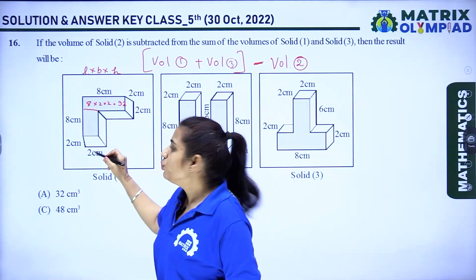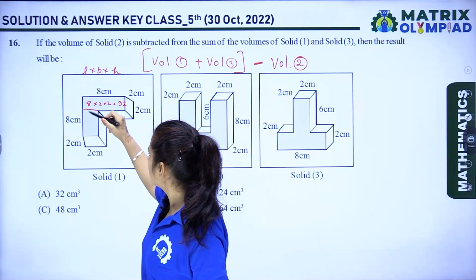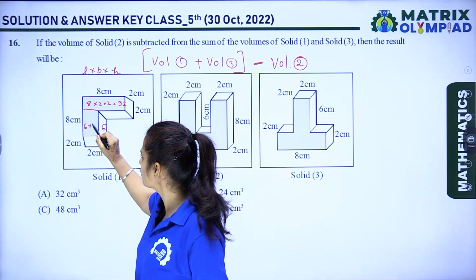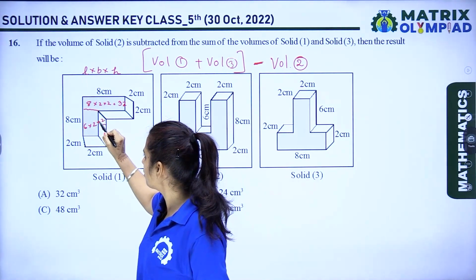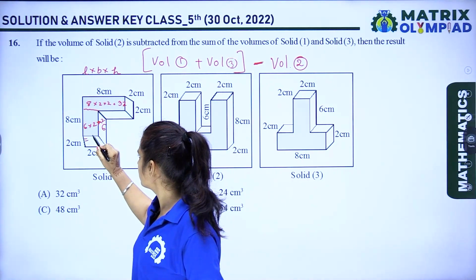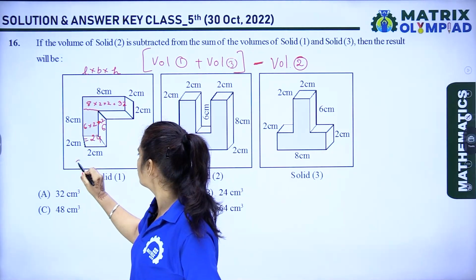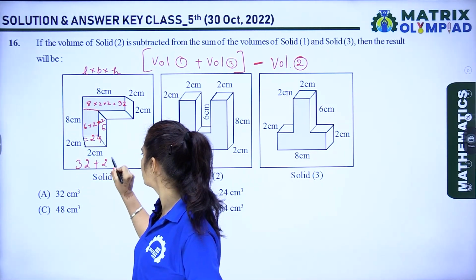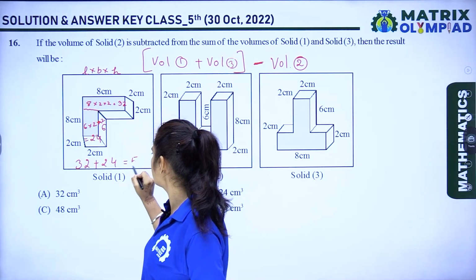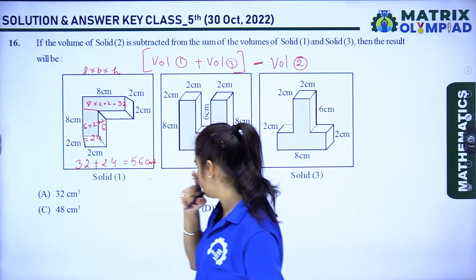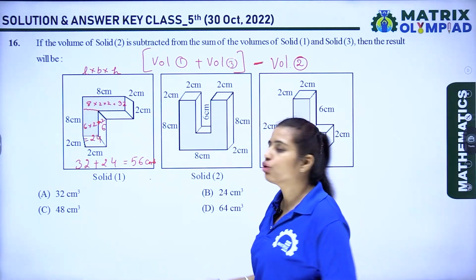Now in the cuboid 2, this will be 8 minus 2, which will be 6. So here we have 6 multiplied by 2 multiplied by 2. So here we get 24. So the volume of this solid will be 32 plus 24, that is equal to 56 centimeter cube. This is the volume of the first solid.